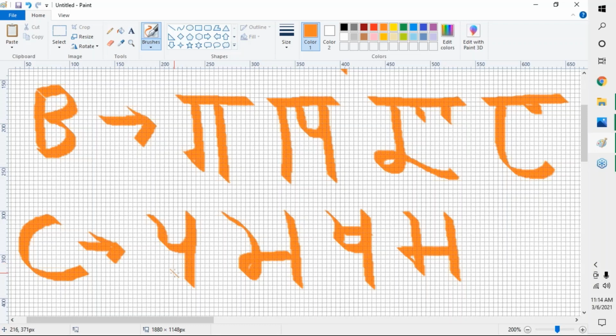So this is category C. Not even one time, not even two times, no Shirorekha. There is no Shirorekha on this. So this is category C.